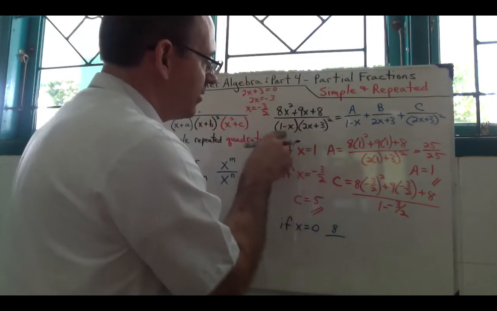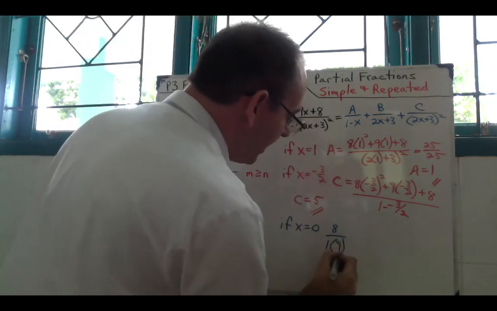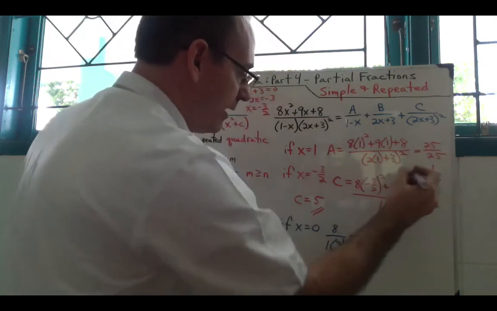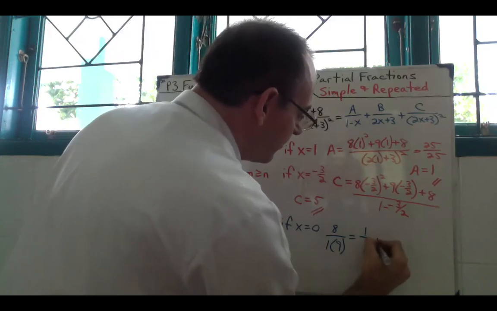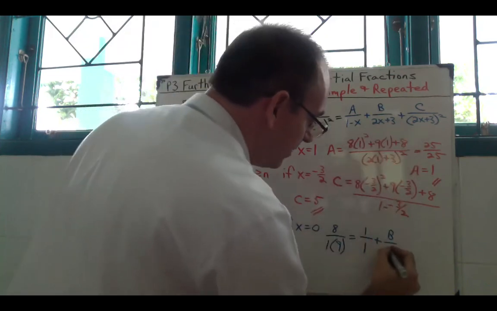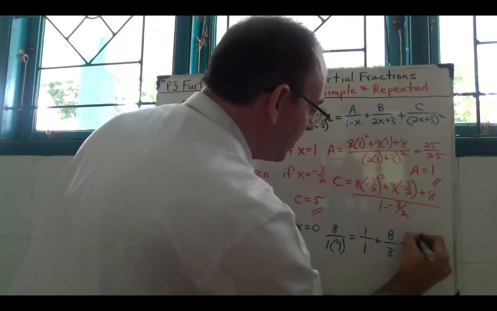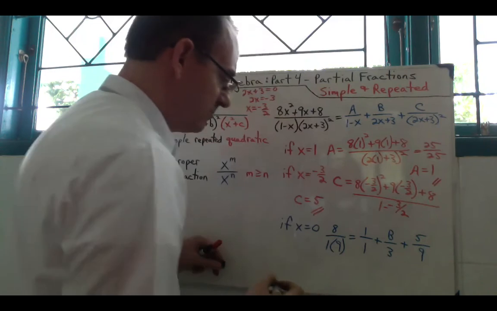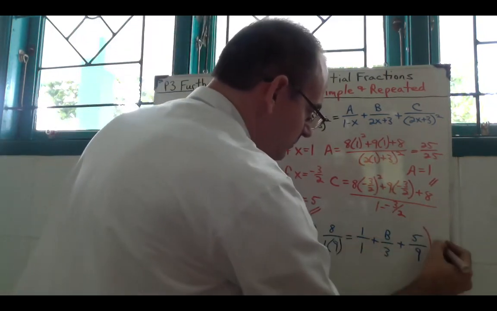Plug in a 0 here, we get 1 times 3 squared, so that's 9, equals A, which we know already is 1, over, if we plug in a 0, gives us 1, plus B, we don't know, over, plug in a 0, get 3. And our C is 5, so we have a 5 over, plug in a 0, get 3 squared is 9. So we multiply this all by 9.